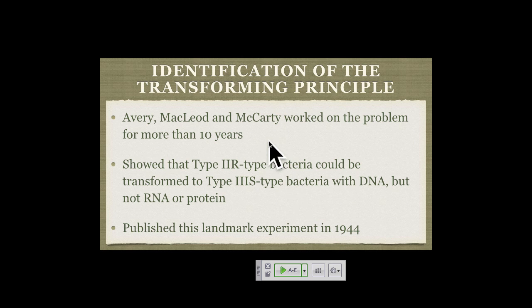Avery-MacLeod-McCarty worked on this problem for more than 10 years, trying to figure out what that transforming factor was. And what they showed was they could repeat this experiment, but in fact, they could narrow it down and show that it was in fact DNA was the transforming material.